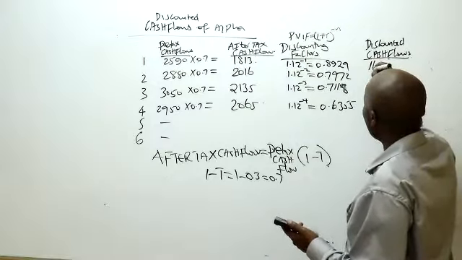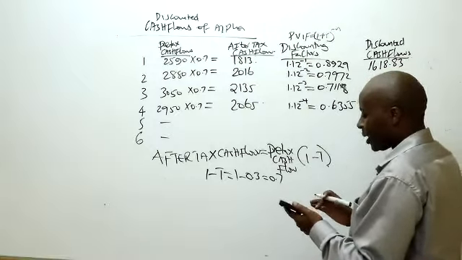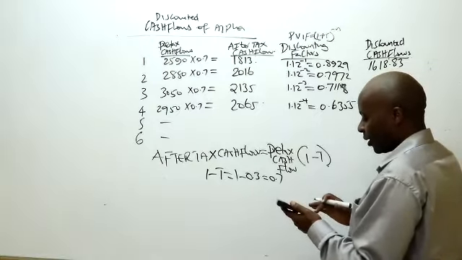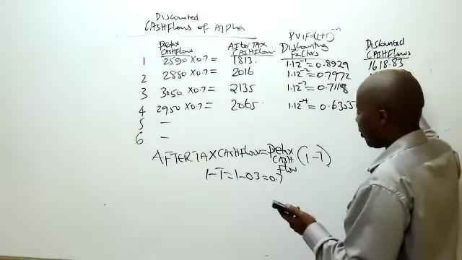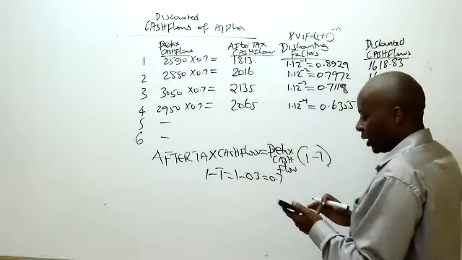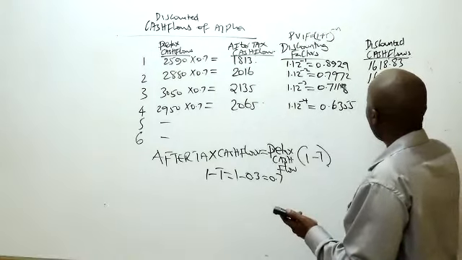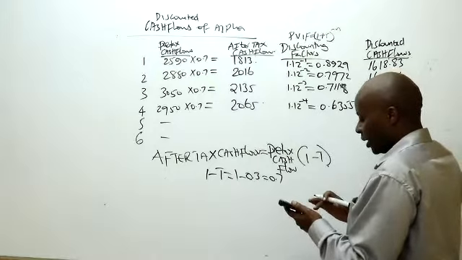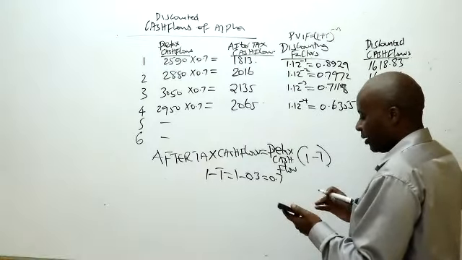So we have 1618.83. 2016 times 0.7972 equals 1607.16. 2135 times 0.7118 gives us 1519.69. And then we have 2065 times 0.6355, giving us at the end of the day 1312.31.